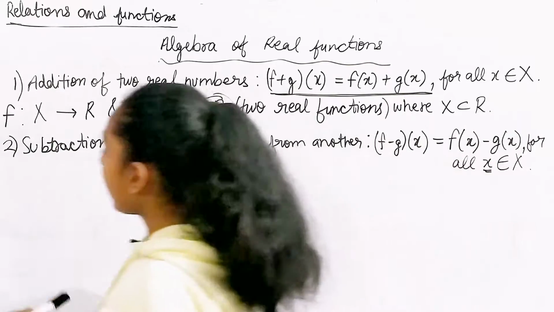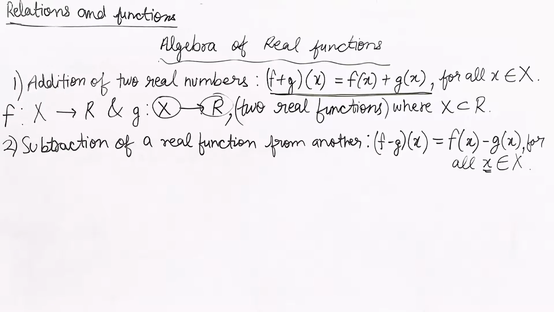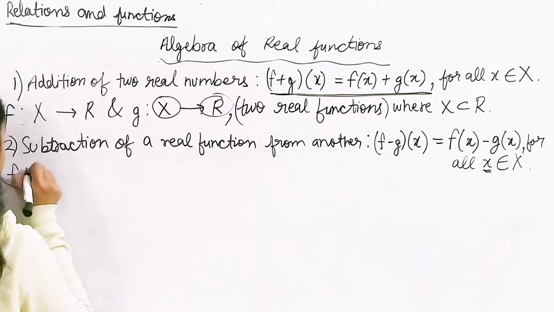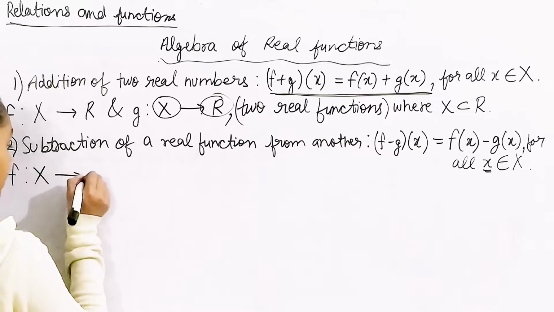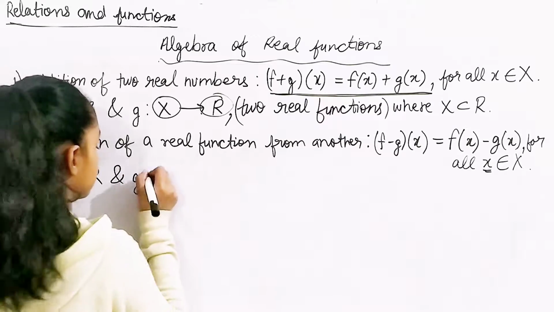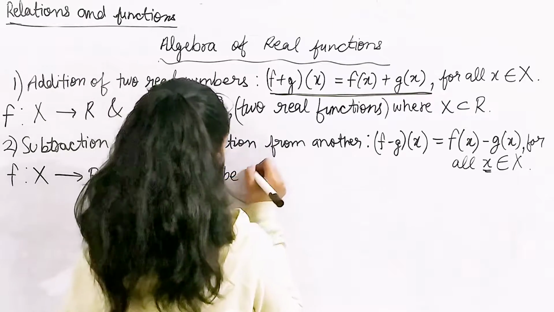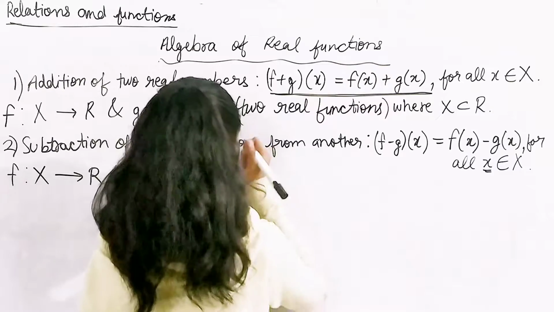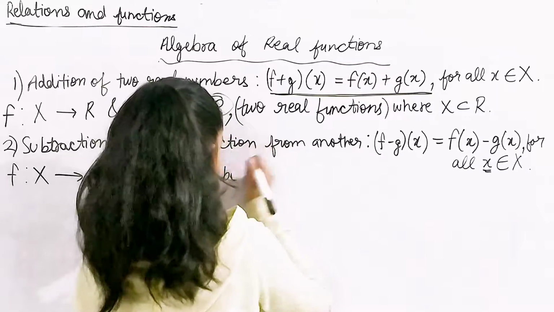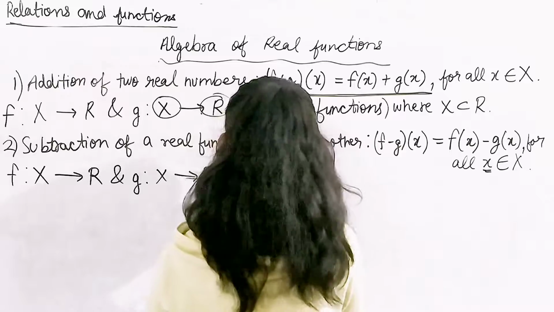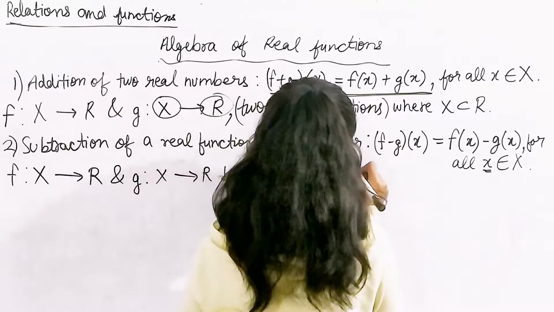Just have a look. Then after that, I'm going to take the same thing. Let me write. I'm going to take the same sets. So let function f from X to R, and g from X to R, be any two real functions.